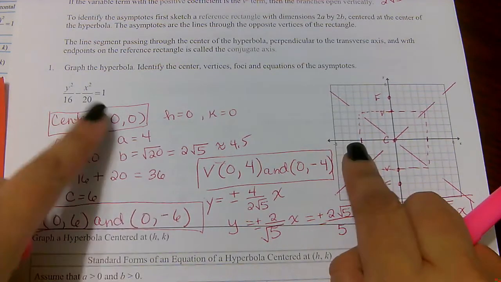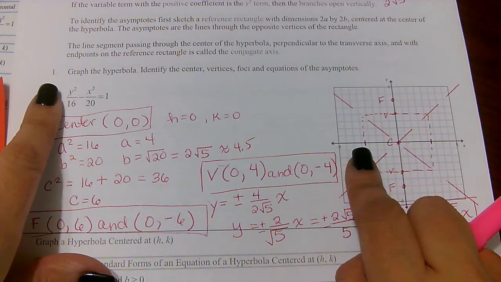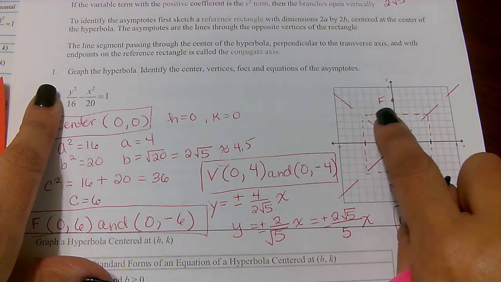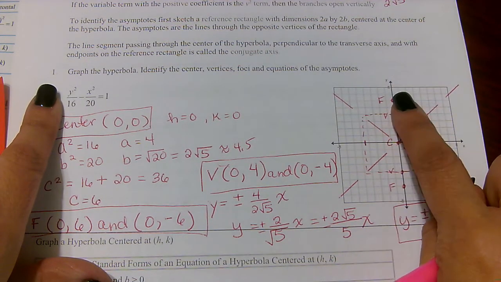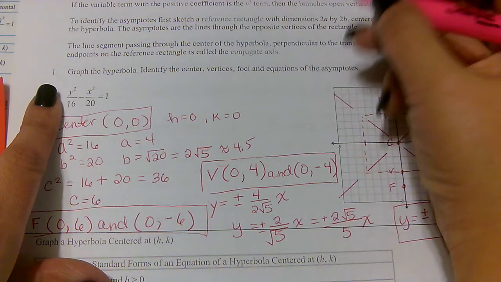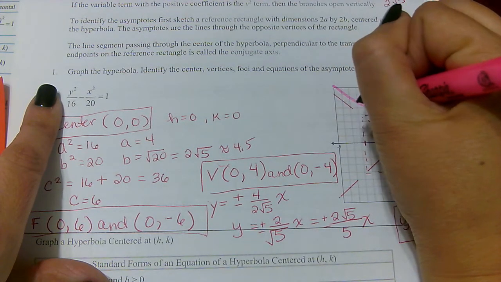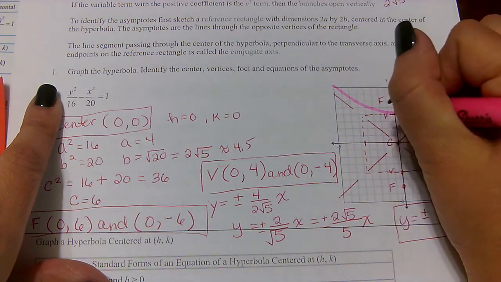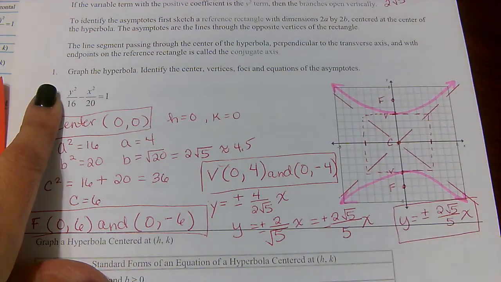Remember, if you're not good at determining if it's a transverse axis that's vertical or horizontal, you can also use the foci. It's going to be going in the direction where the foci is. Here our foci is on the y-axis, so we're going to be going up. It will touch the box at this point and then approach the asymptotes but never touch them. Just like that.